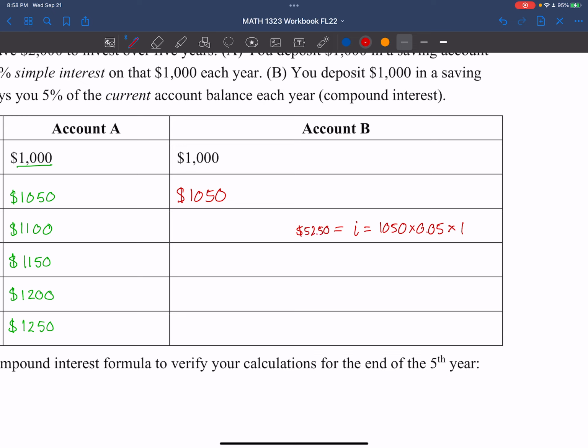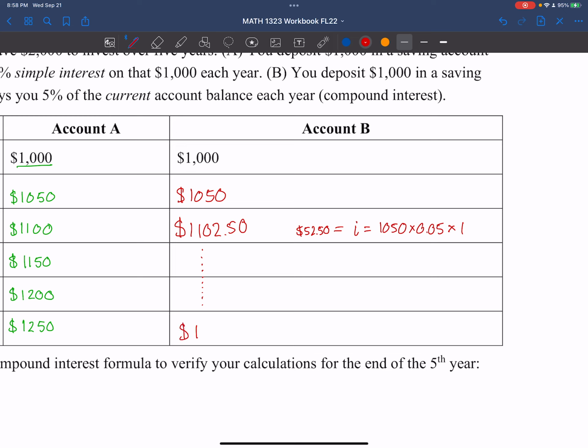So that extra $50 got us an extra $2.50. So then this would be $1,102.50.